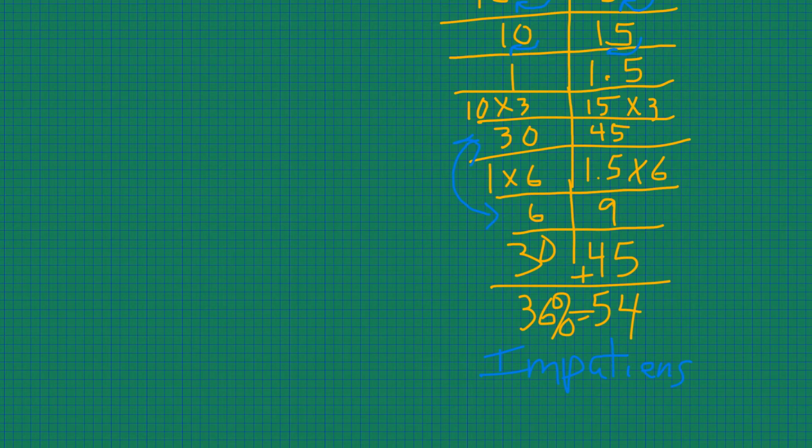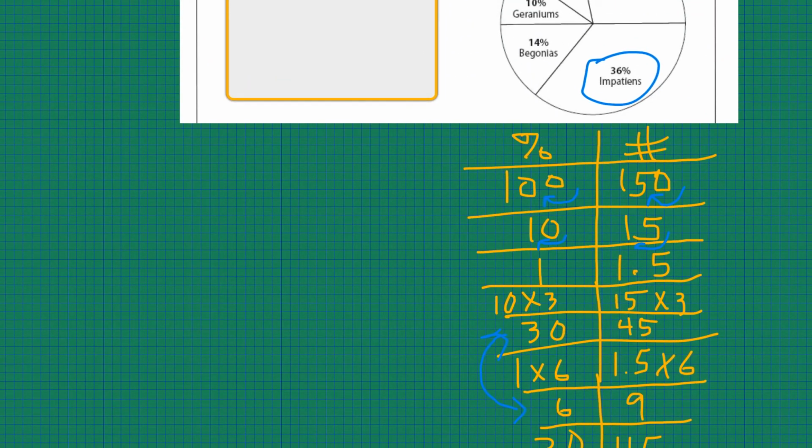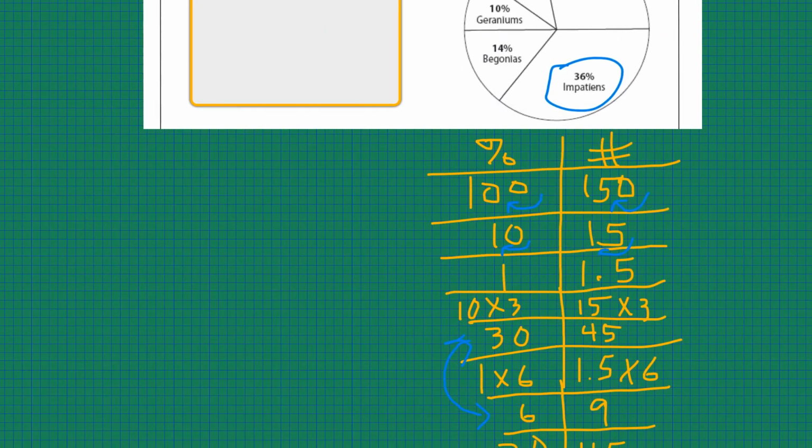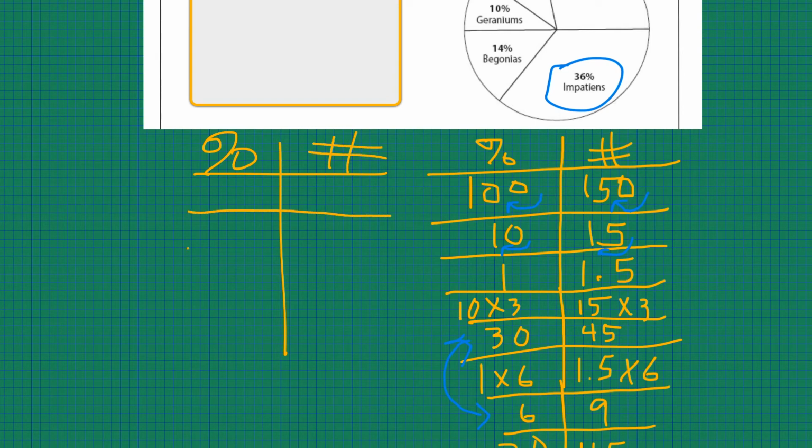Now let's do the begonias. We're going to do this on the side, right over here. Back to the top. Make another table. Same thing. This one's going to go a little easier because I've already established some of my markers, some of what equals what, with the other table. So I know again 100% equals 150 flowers. And the begonias right here is 14%.